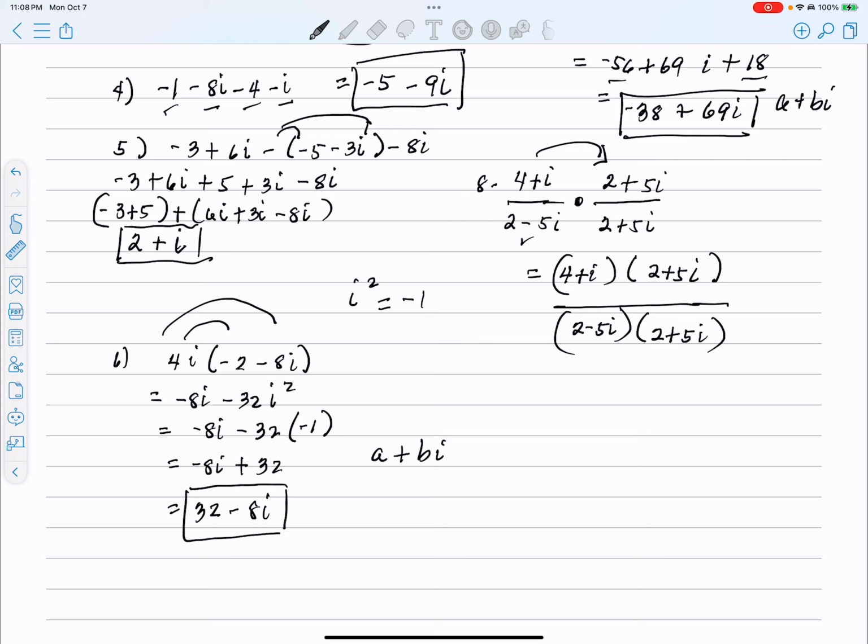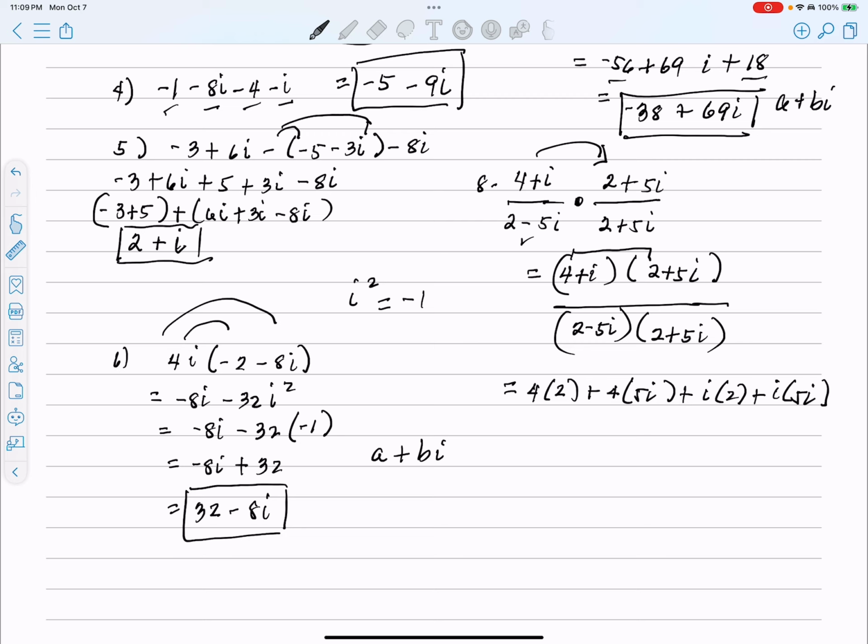Okay? So 4 times 2, I'm gonna write it here. 4 times 2 plus 4 times 5i. Then do the inner, i times 2, plus i times 5i.